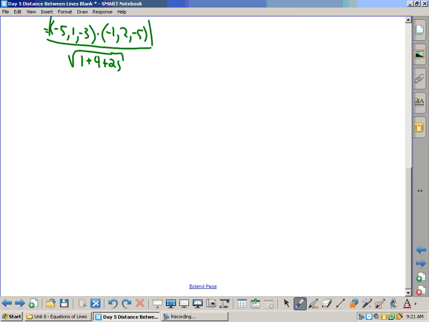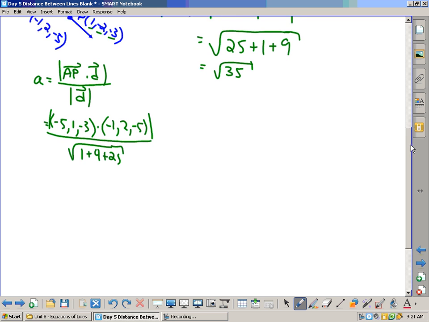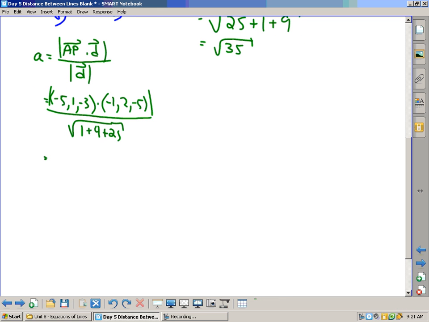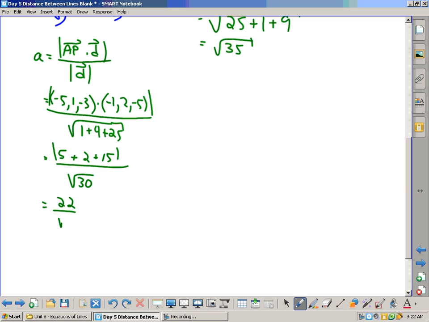Continuing on here. Multiply, and we're going to get 5 plus 2 plus 15 all over the square root of 30. So it'll be 22 over root 30.